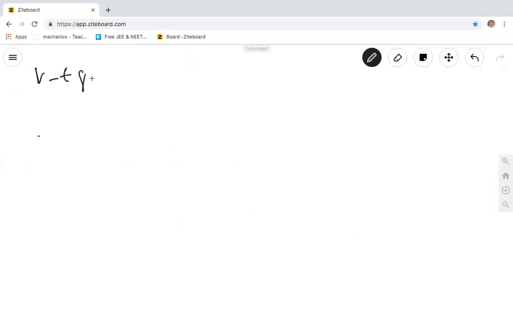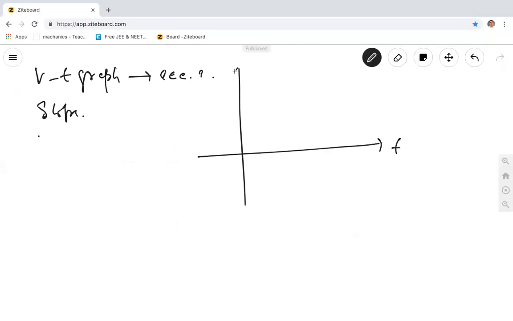Velocity time graph, slope of velocity time graph gives acceleration. So if you plot a graph between time versus velocity, particle falling down, g is constant. That means acceleration is constant.